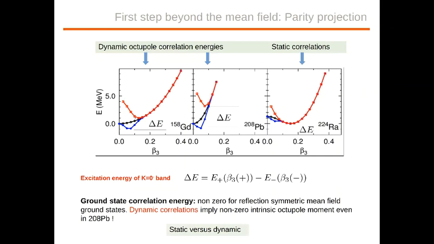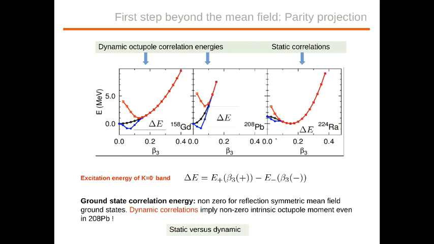And for negative parity, we are also having a solution, right, that is different from the positive parity one. It's also having a minimum here at an energy that is obviously higher than the positive parity one, but is taking place for an octupole deformation different from the ground state.